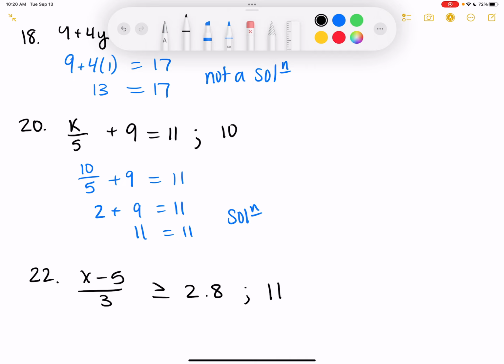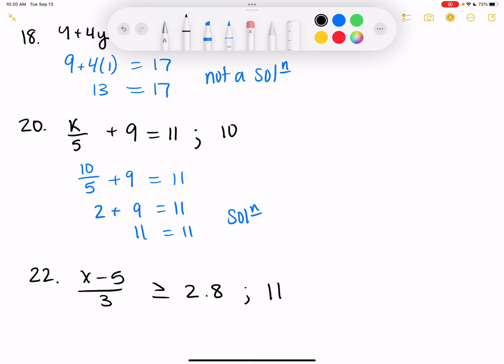So the thing to note about these ones is that the left side doesn't have to be equal to the right side now. Now it just has to make the statement true. So for this to be true, we have to get on the left side something that is 2.8 or bigger, because it is a greater than or equal to problem.